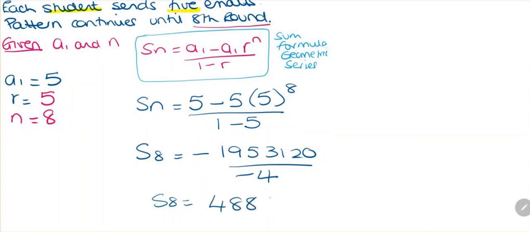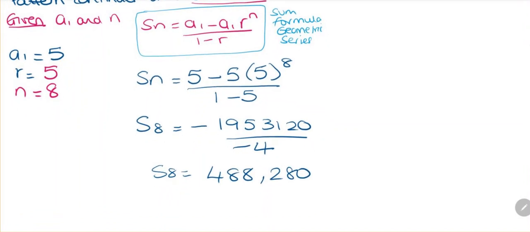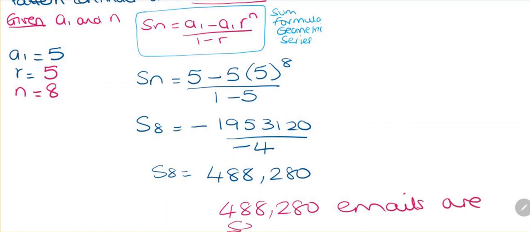And we will have 488,280. So this is 488,280 emails sent in the 8th round.